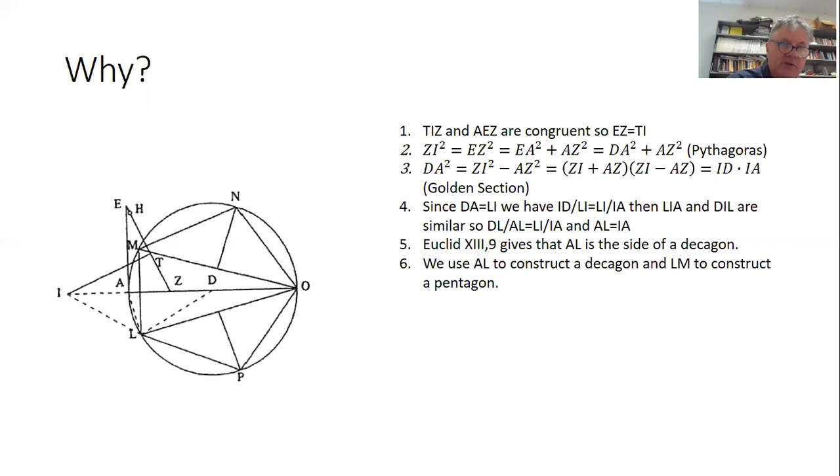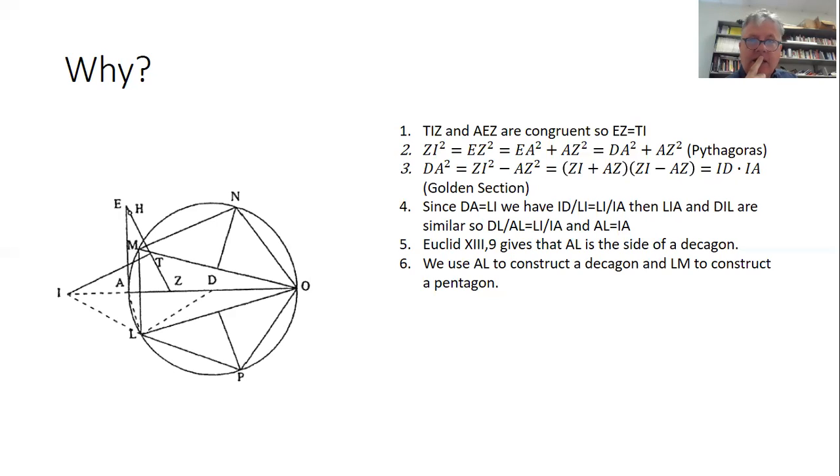Well, first off, you should be able to see that the angles are equal because both are right angle triangles, and they share an angle, and they have one side in common. So that means they're congruent right angles. So that means we can use Pythagoras' theorem.